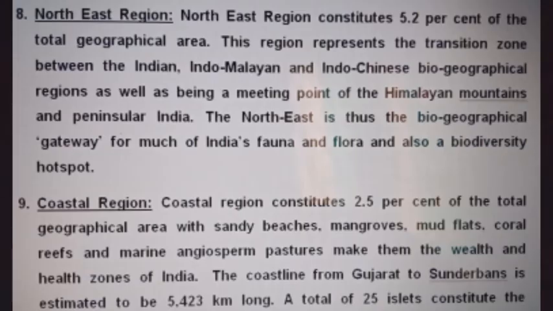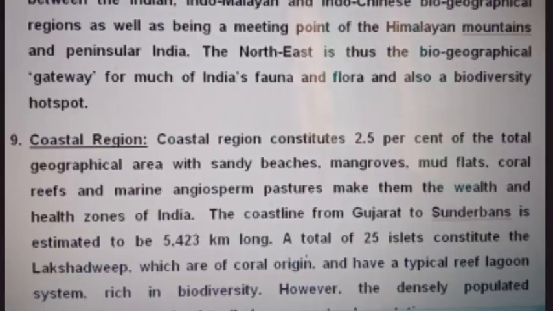The coastline from Gujarat to Sundarbans is estimated to be 5,423 kilometers long. A total of 25 islets constitutes the Lakshadweep, which have coral origins and have a typical reef lagoon system rich in biodiversity. However, the diversely populated Lakshadweep Islands virtually have no natural vegetation.